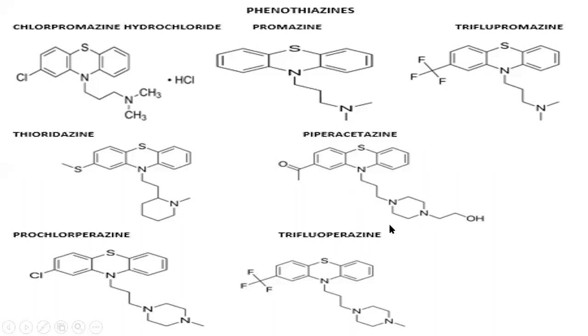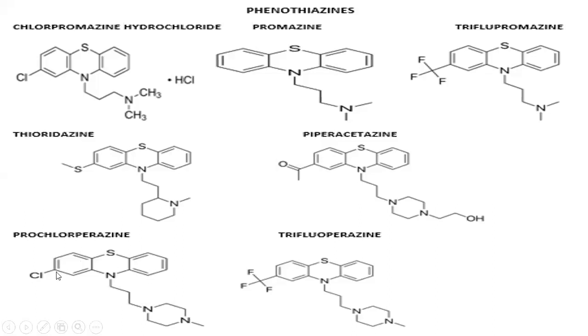Okay, so if you see these three compounds, piperacetazine, prochlorperazine and trifluoroperazine, they are related. These three consist of the piperazine ring in the side chain. But the substitution is different. So here it is the CH2CH2OH group, whereas here it is the methyl group which is present. And prochlorperazine and trifluoroperazine, these two are related to each other.